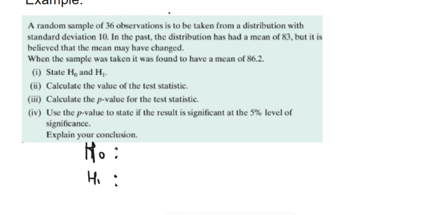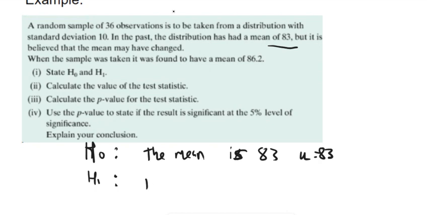In the past, the distribution had a mean of 83, so our null hypothesis is that the mean is 83, so mu is equal to 83. And then our alternative is that it's not.